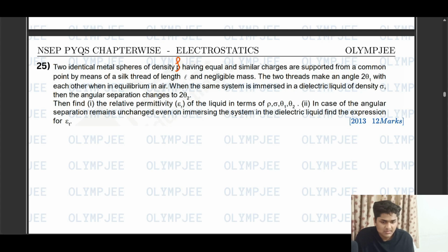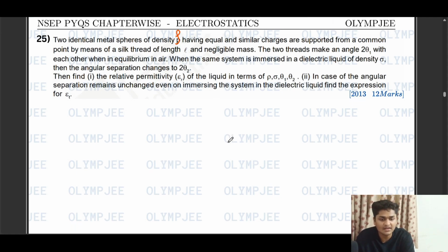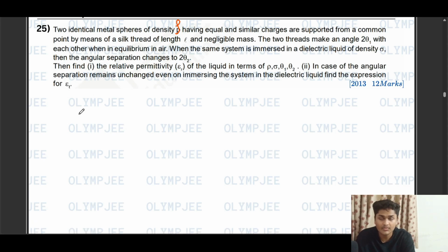When the same system is immersed in a dielectric liquid of density sigma, the angular separation changes to 2 theta 2. Find the relative permittivity in terms of these, and in case the angular separation remains unchanged, so theta 1 is equal to theta 2, then we need to find the dielectric constant of the liquid.